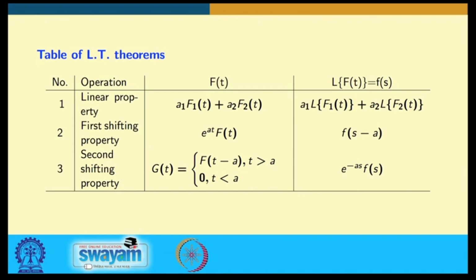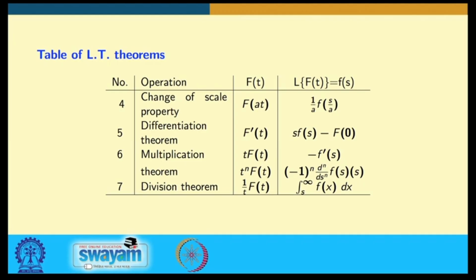One is the linearity property: if the function is a1 f1(t) plus a2 f2(t), then the Laplace transform can be written as a1 times the Laplace transform of f1(t) plus a2 times the Laplace transform of f2(t). The Laplace transform of e power at into f(t) is F(s minus a). If g(t) is f(t minus a) for t greater than a and 0 otherwise, then the Laplace transform of g(t) is e power minus as into F(s).